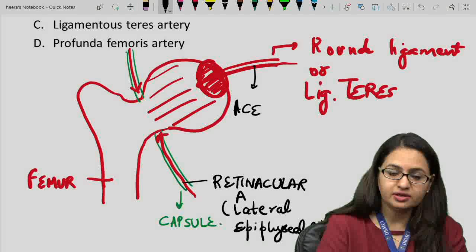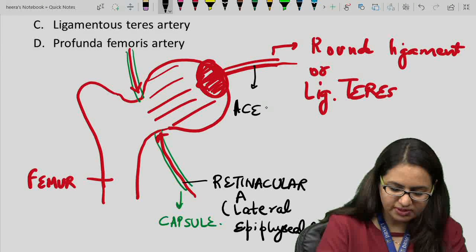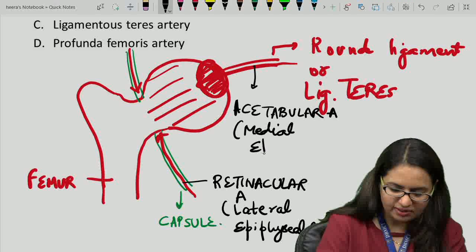The artery which was entering through the ligamentum teres was termed the acetabular artery, also known as the medial epiphyseal artery.